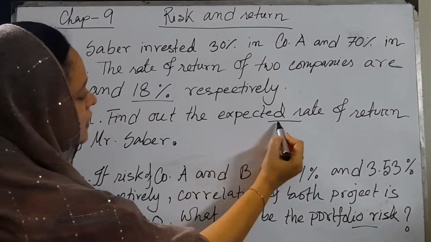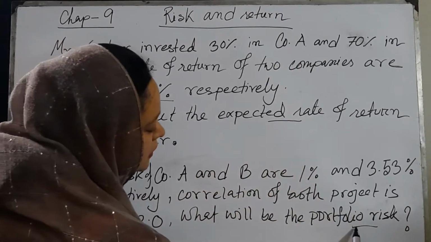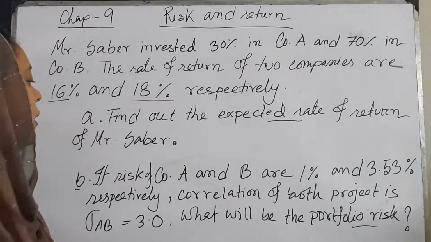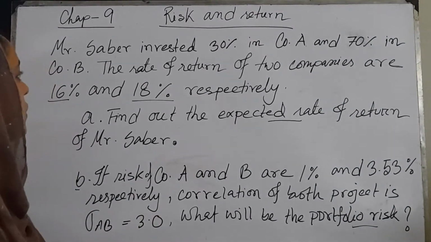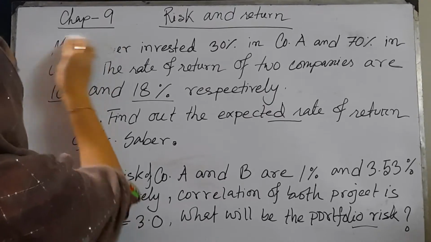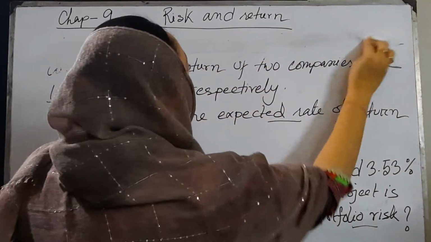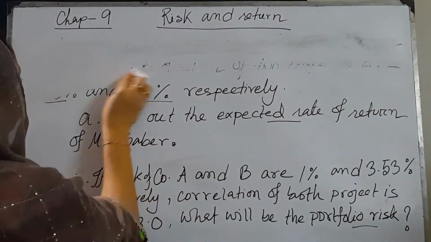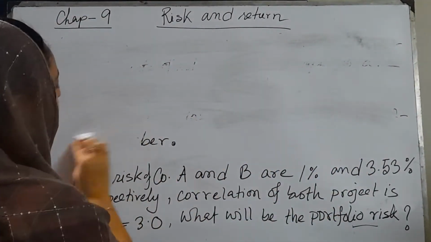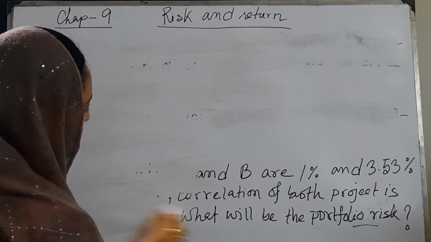Here, requirement A is the expected rate of return and number B is portfolio risk. We have to find out these two items. I am using the STEM here and we have to solve these two requirements A and B.